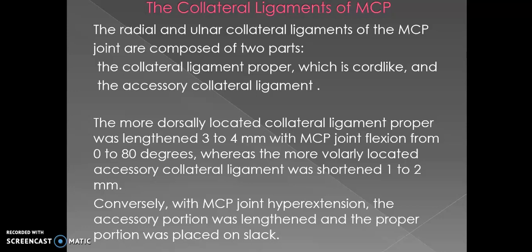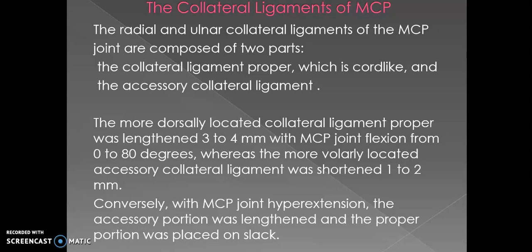We already saw that in the picture earlier: the collateral ligament proper, which is cord-like, and the accessory collateral ligament, which is the more secondary ligament, more volarly placed. So the collateral ligament proper is dorsally placed, and the accessory ligament is anteriorly, volarly, palmarly placed.